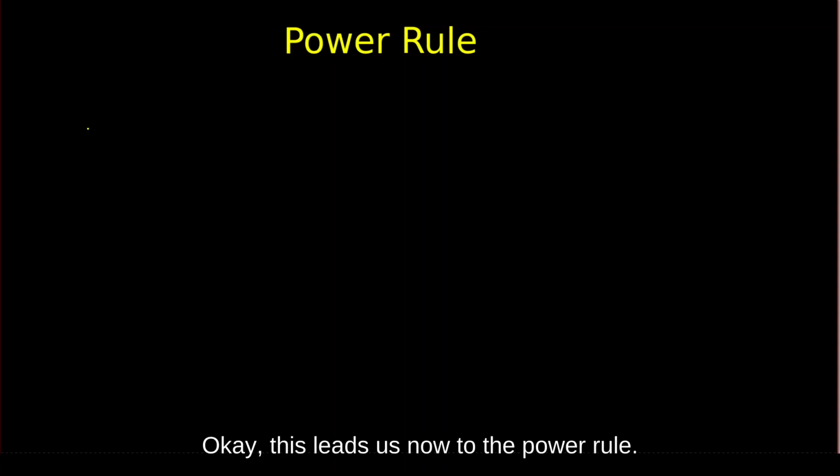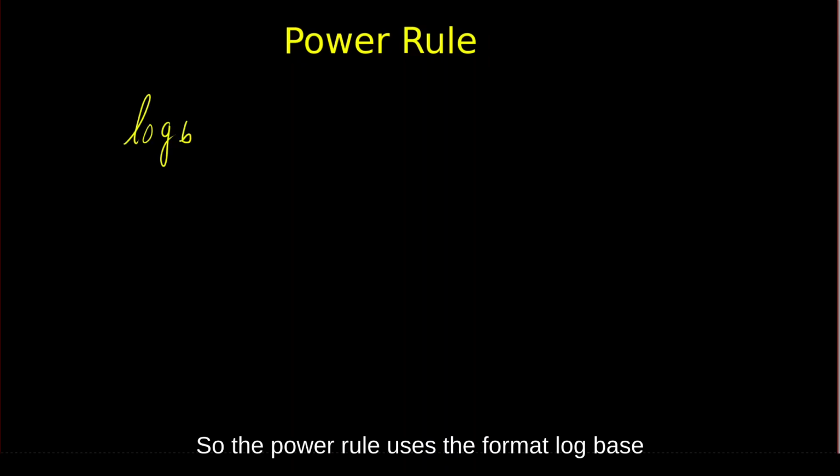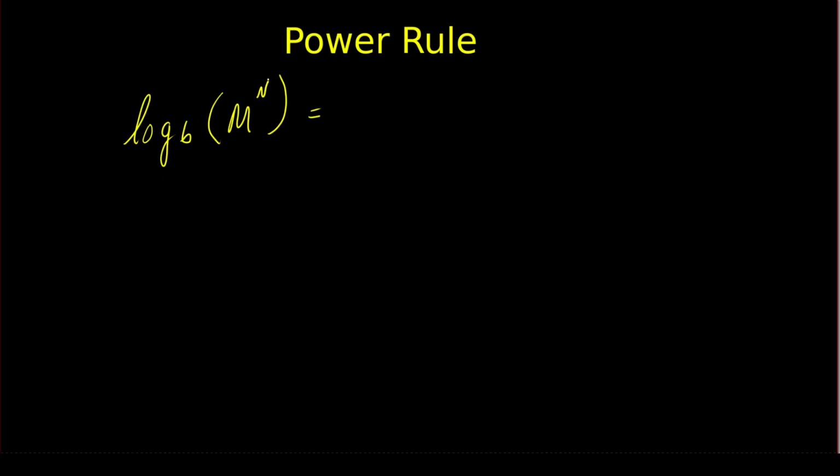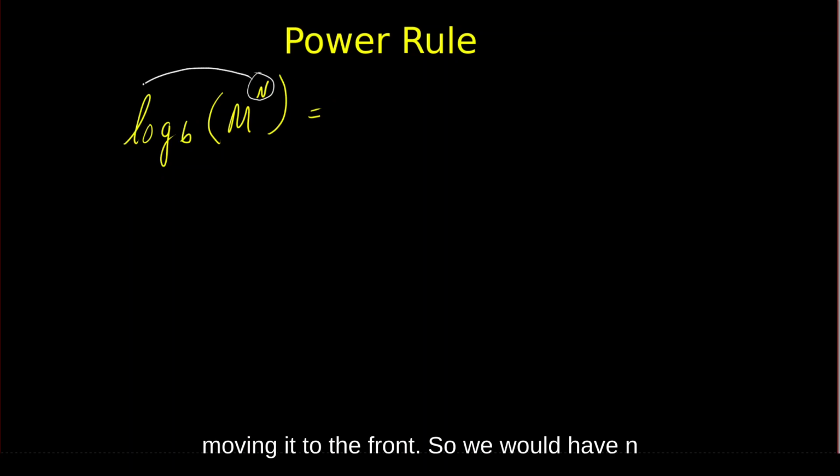Okay, this leads us now to the power rule. So the power rule uses the format log base b of m raised to the nth power. This is essentially the same thing as taking the n and moving it to the front.